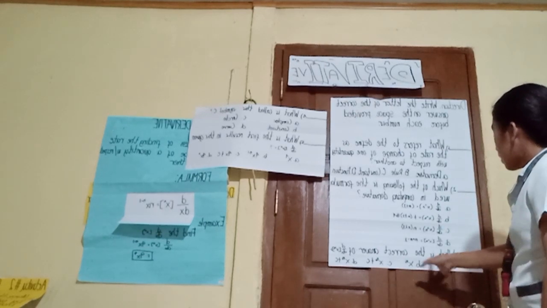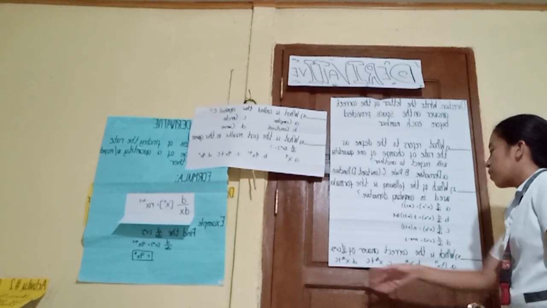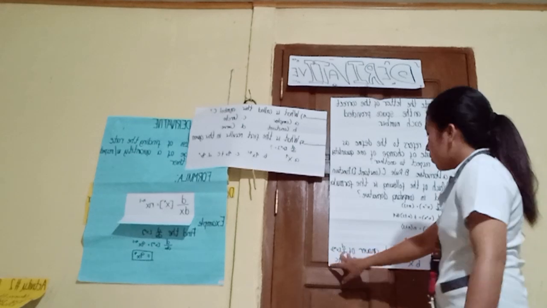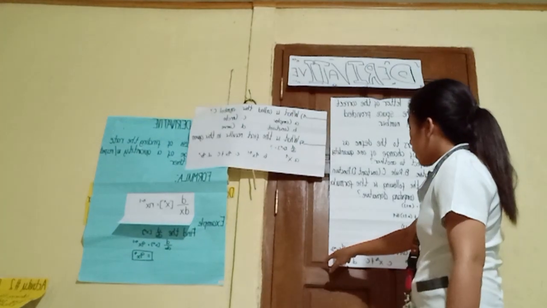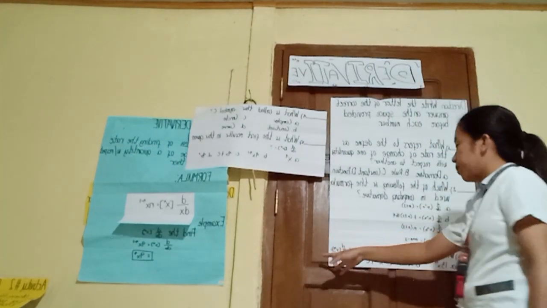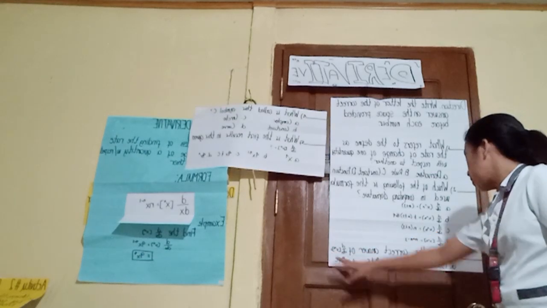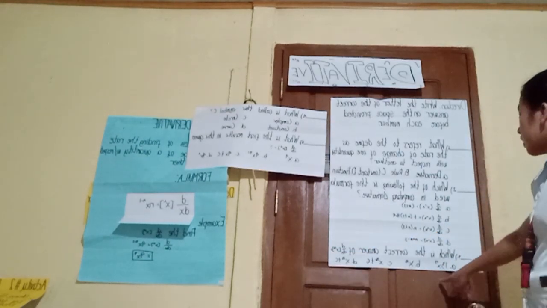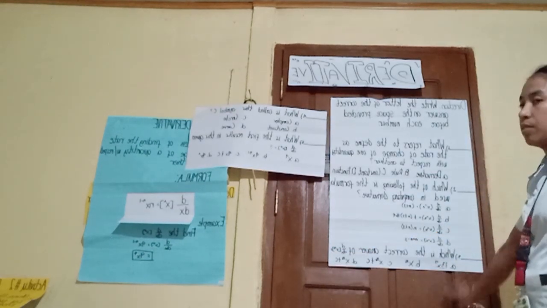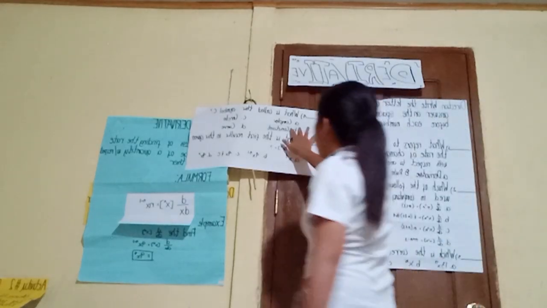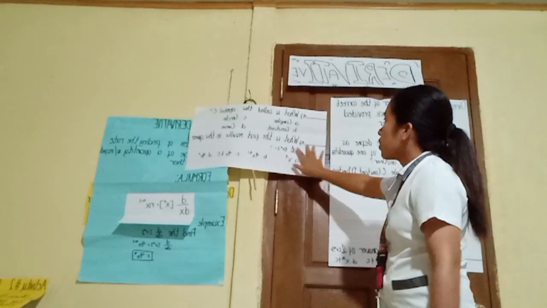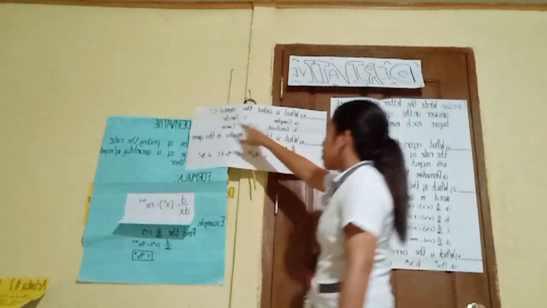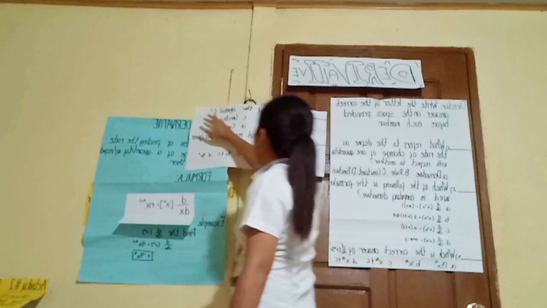Number 3, which is the correct answer of d over dx of x to the n? The answer is A. What is this symbol called?